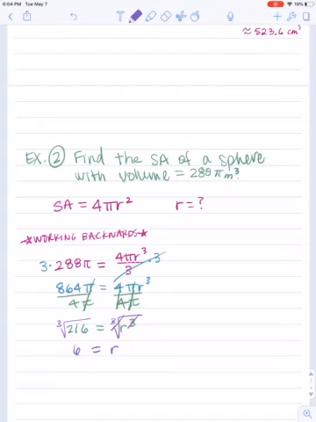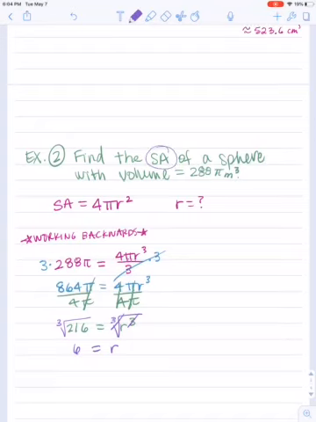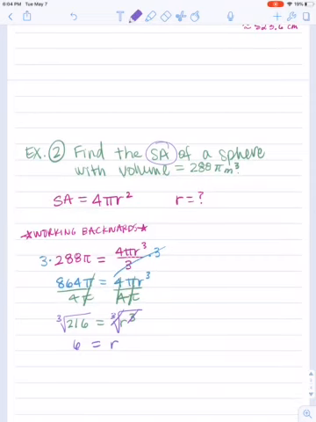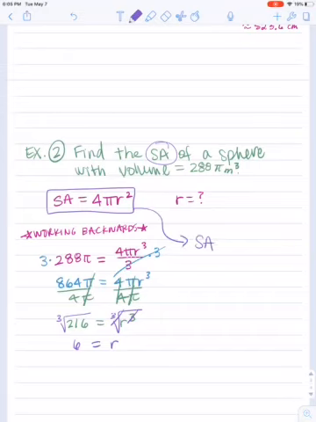All right. But we're not done, right? We actually wanted to find the surface area. So once we have that, then we take this surface area formula, and we're just going to plug in the radius. So 4 pi times 6 squared.